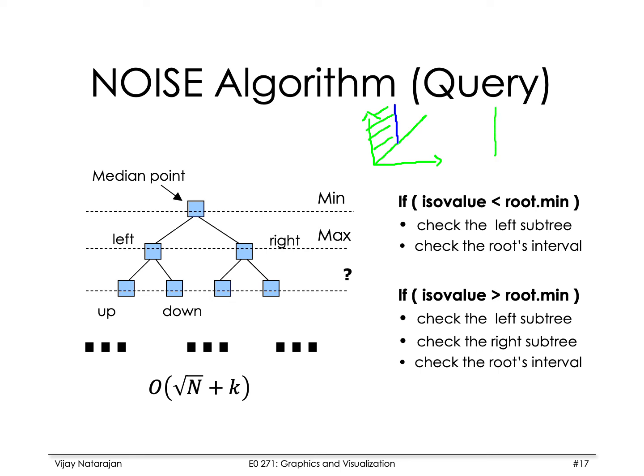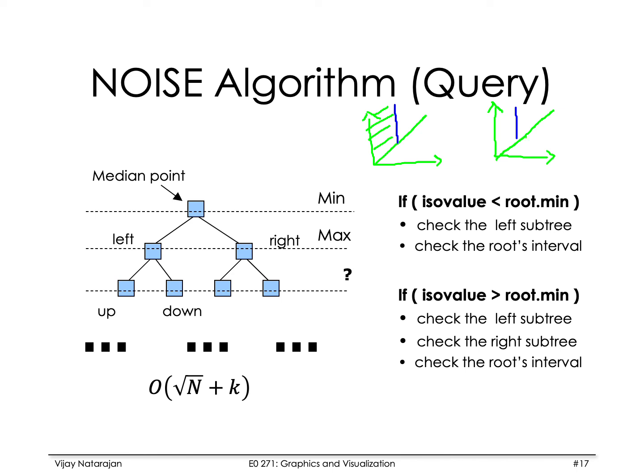In the second case, our iso value was greater than the root min, right?